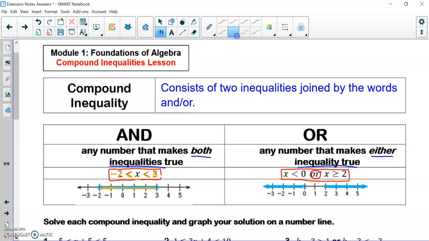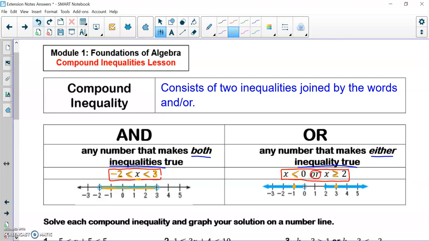And so this reads that x can be less than 0 or x could be greater than or equal to 2. Now, if x was -1, that clearly only satisfies one of our inequalities and not the other. Or again, if x was a value of 3, that only satisfies one of these inequalities, not the other.